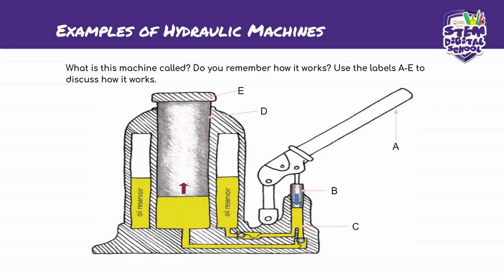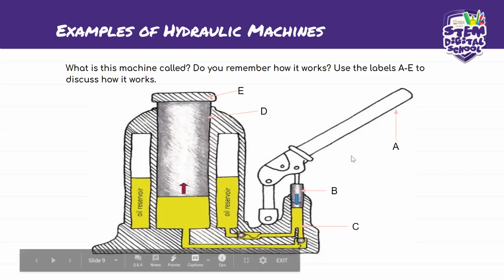What do we call that part where the load goes? It is called the RAM. The RAM is where the load goes, and then the output cylinder will push up the RAM, and then it will lift the car. That is how this hydraulic jack works.